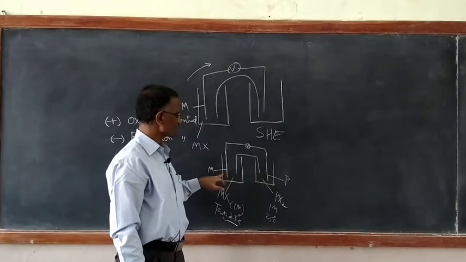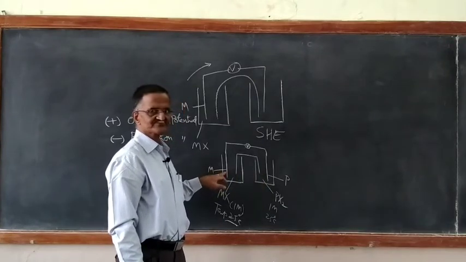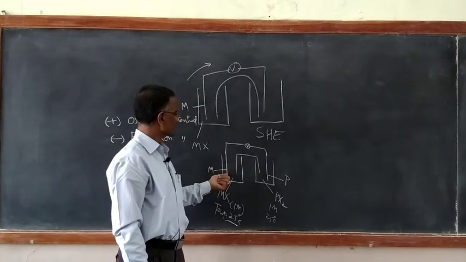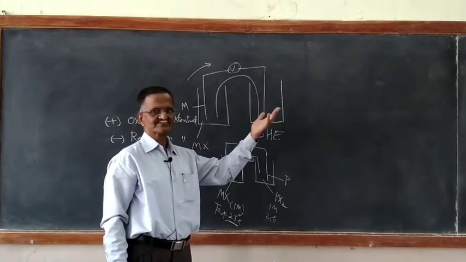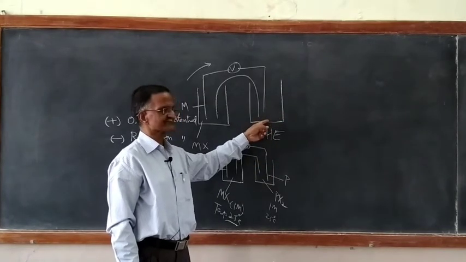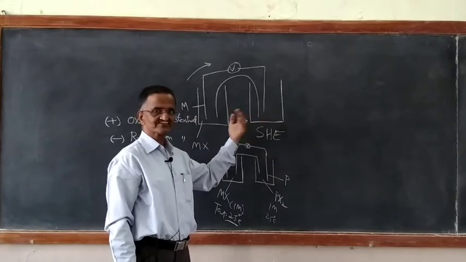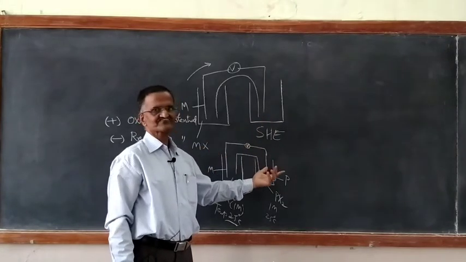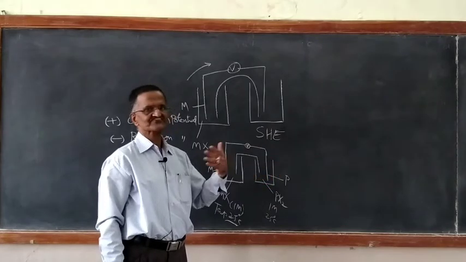Here M was more electropositive, so oxidation was taking place. So the value I have for M is for oxidation, and the value for P is because of reduction taking place at the metal.